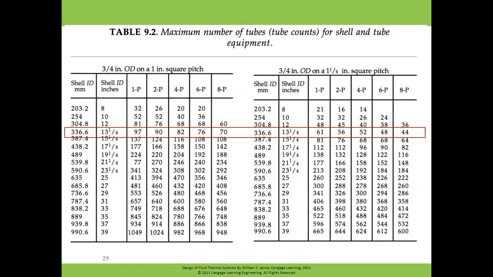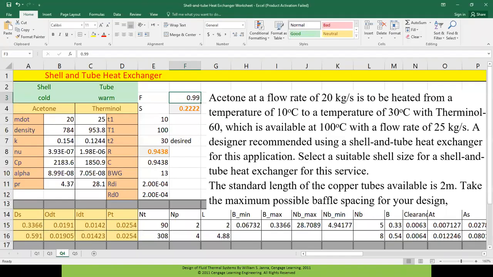And the same thing we have noted down in the Excel file: this is our shell diameter, this is our outer diameter of the tube, and this is the pitch of the tube. Can you see my screen, right? Yes, Dr. Roy.